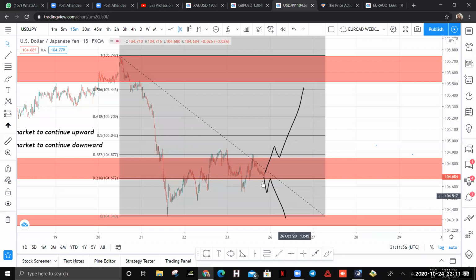Now, what a Fibonacci level means is price has dropped for so long. I told you the market moves like when you put that machine on your heart, I see the way your heartbeat is going. It goes up, down, up, down. So the market cannot just keep running down.